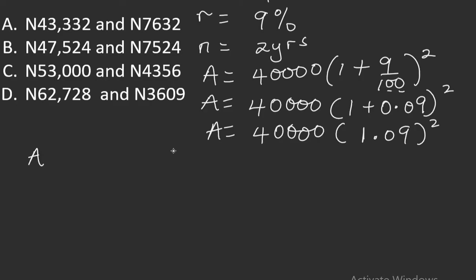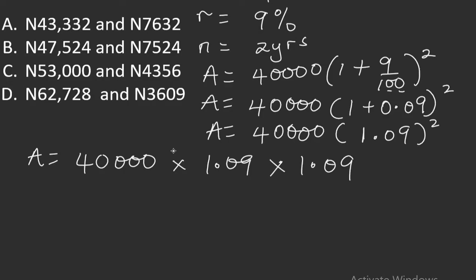Okay, to get the amount we have 40,000 times 1.09, because of the power which is 2, squared, you have to multiply it by itself. You have this.